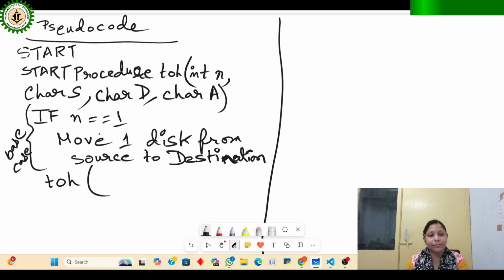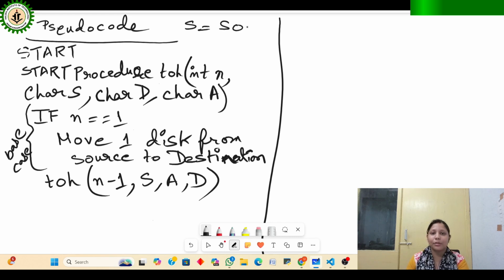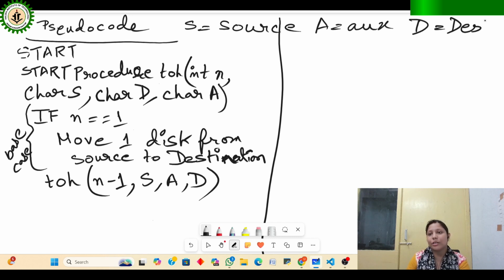Tower of Hanoi n minus 1. That algorithm we will put, we can say it is SAD. Simply close your eyes and write SAD. S is for source, A is for auxiliary, and D is for destination. Then simply write n minus 1 from source to auxiliary, it will move via destination.